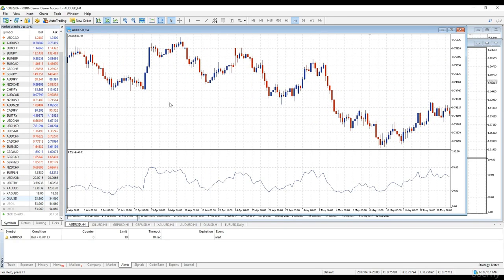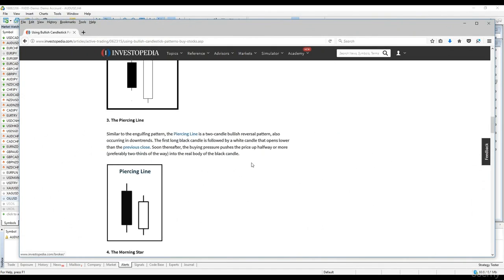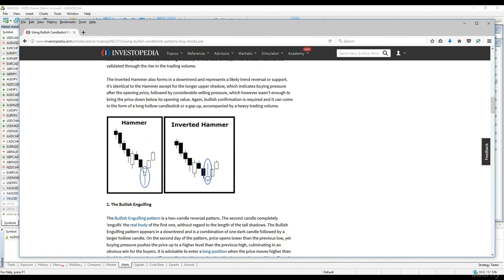And a hammer doesn't necessarily have to be exactly like it looks in the textbook either, guys. It doesn't have to be exactly like this. Sometimes you'll see a little wick on the upside. Sometimes you'll even see the candle body still bearish, so in this case it would be black instead of white. It is definitely better to see a bullish hammer, which is what this is here.